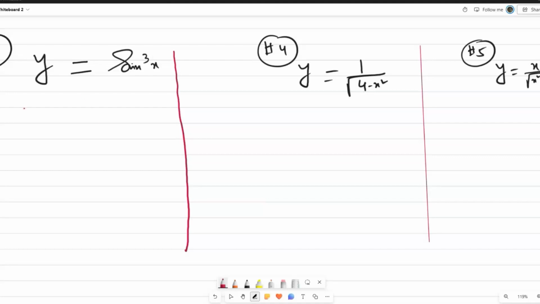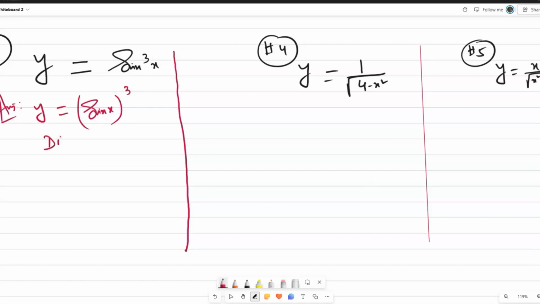Let us do this one first. Just imagine it is y equal to sin x whole cube, something like x cube. The derivative of x cube is what? 3x square.